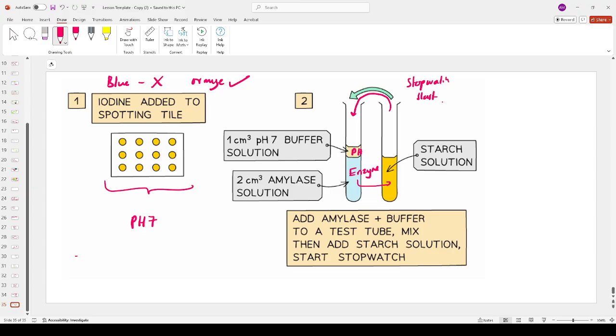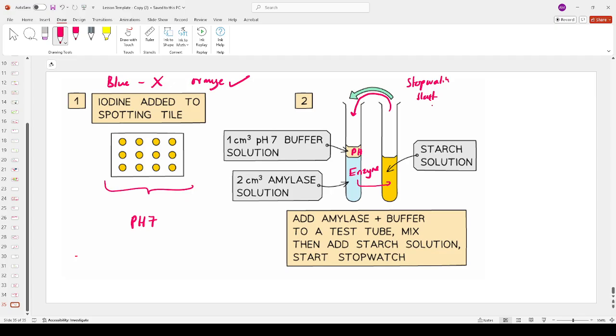Why do I start it straight away? Can everyone in the chat tell me? As soon as I pour it in, the person clicks the stopwatch. Because what work is happening straight away? True, accuracy. What else? The enzyme will start metabolizing. That's why.